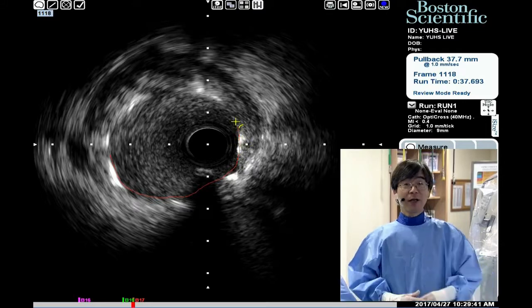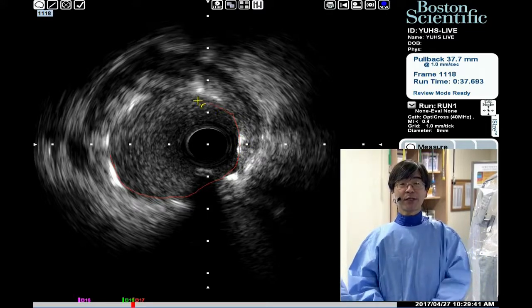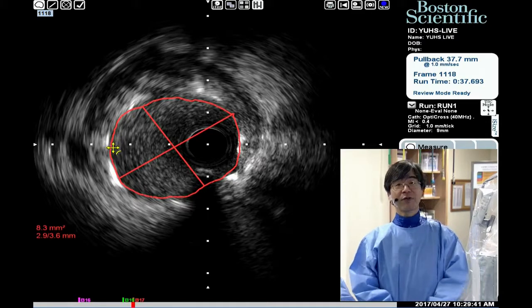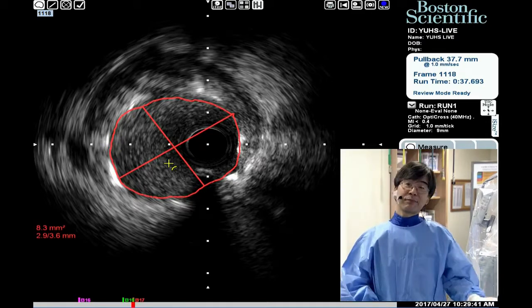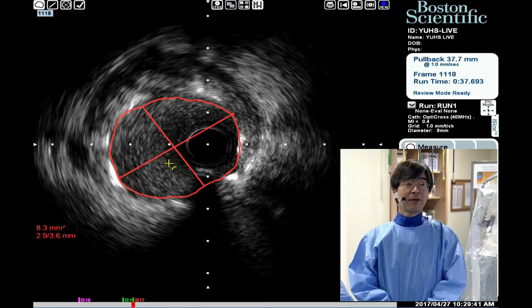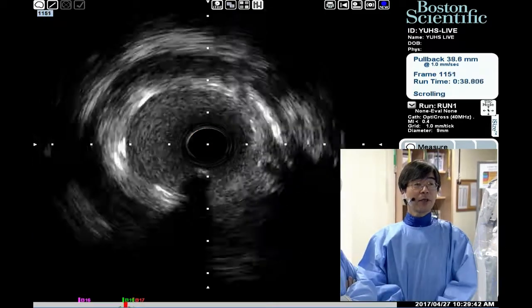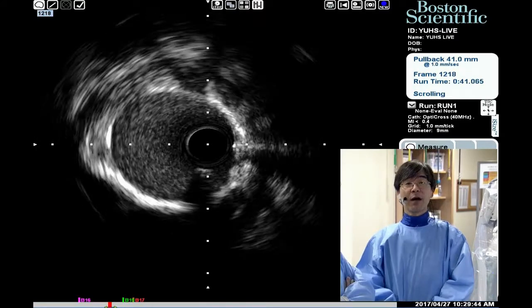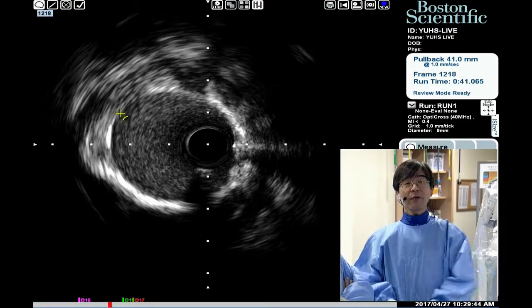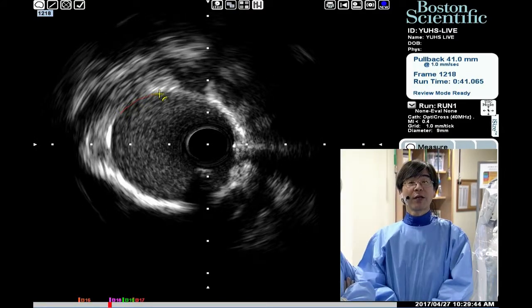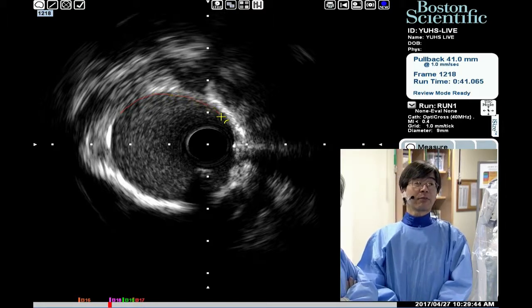If we achieve 100% satisfaction, it causes some complications. I don't like it. Even though the result is 90, she's happy. So it depends on the left main size. If the left main size is more than 9, she can do the non-cardiac surgery one month later. Clinically, I like that.